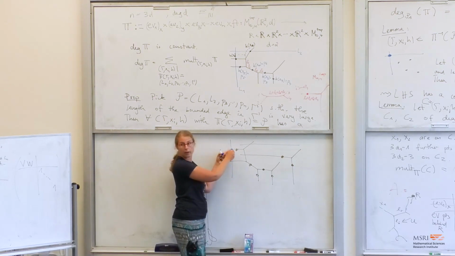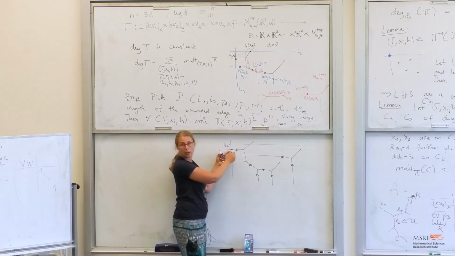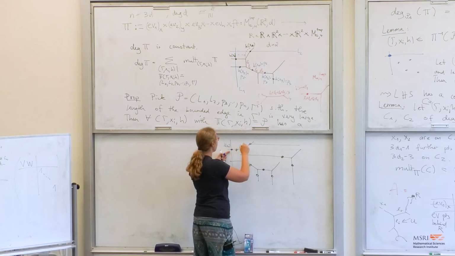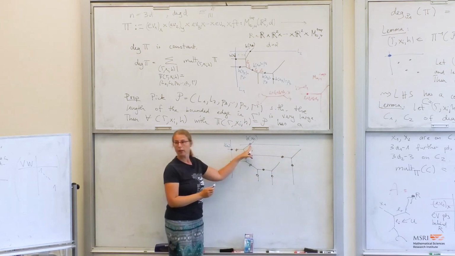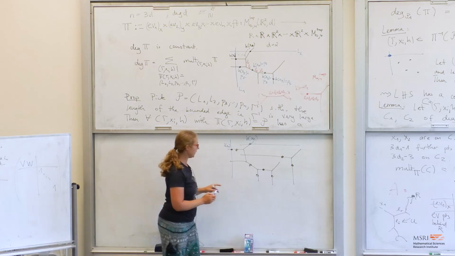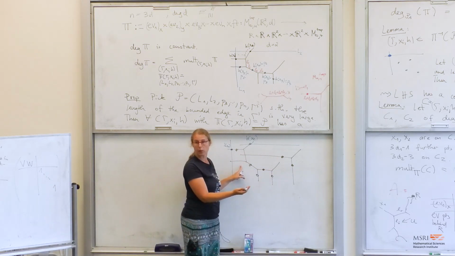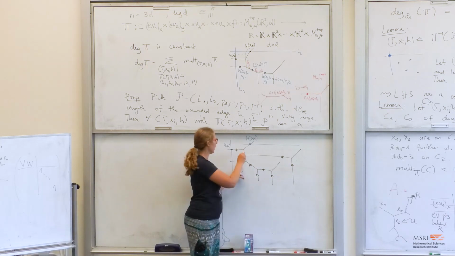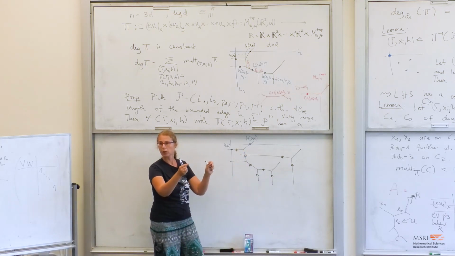But I choose one. And this is where I say, okay, I want this to be h of x1. I just add a marking there. Then I choose another intersection point with this other line. So of course also D2 of those. I choose one and I declare this to be where my marked point x2 is. Then those two curves intersect in D1 times D2 points. I choose one and build in a contracted bounded edge in between.